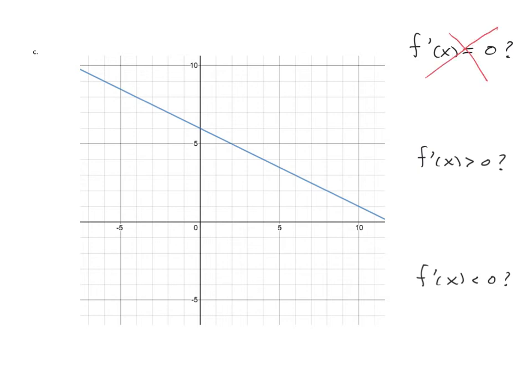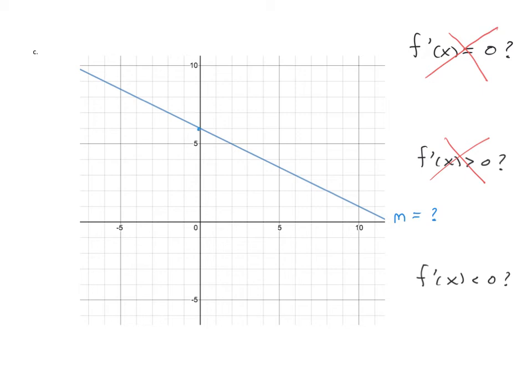Likewise, it's never positive. It's never increasing. It's only ever decreasing. Since this is linear, I know that the derivative has to be a constant number, and it must be equal to the slope of this line. So what is the slope of this line? What is that equal to?